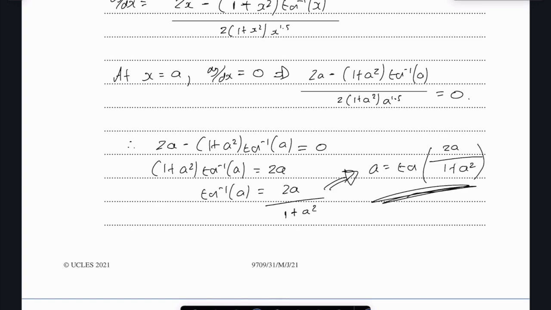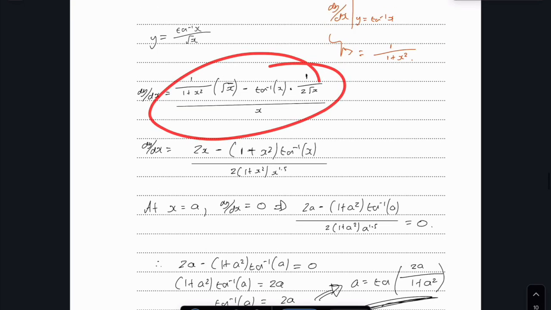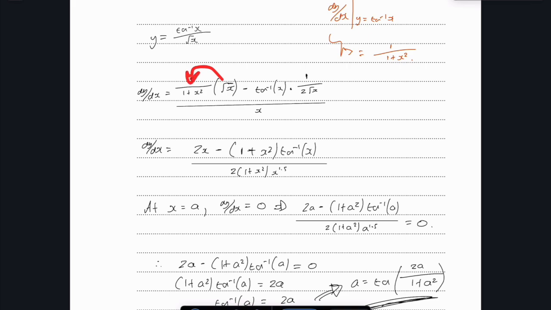Okay. So how do we go about doing this again? I think the key thing here is to focus on this. You bring this up, times it by 1, this is the same as saying arctan over 2 root x, and you find common denominator, 2 root x, 1 plus x squared, which then allows you to multiply out.